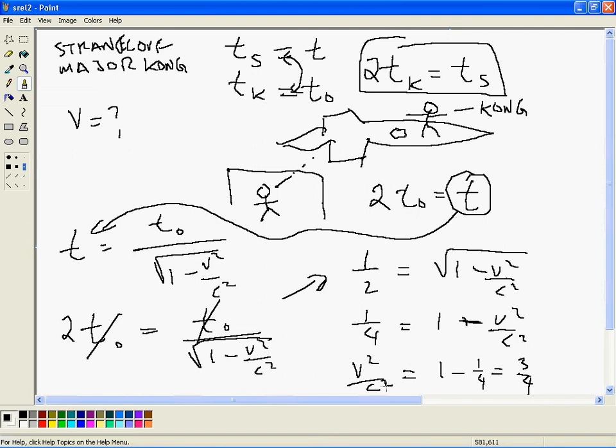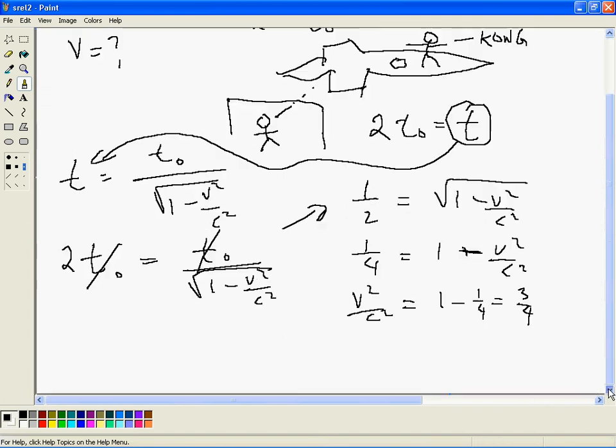And now if we solve for v, we have 3/4 c squared, and now we can finally say v equals root 3 over 2 times c.